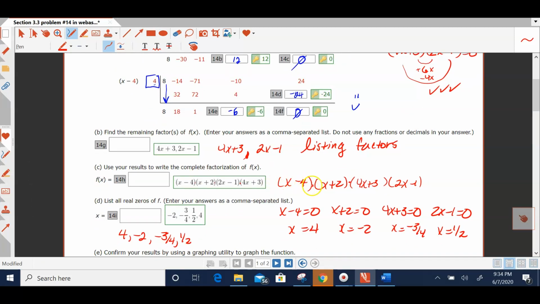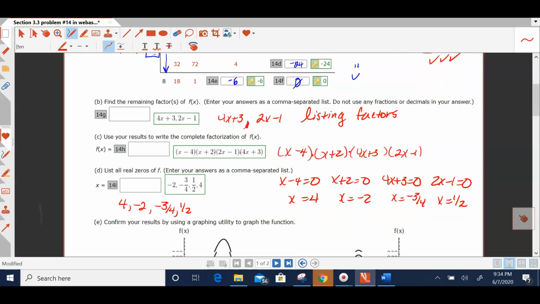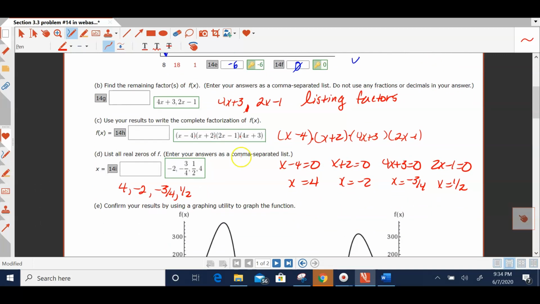X minus 4 times x plus 2 times 4x plus 3 times 2x minus 1. If I have to list the zeros, comma separated list, so set each factor to 0 and then list those separated by a comma.